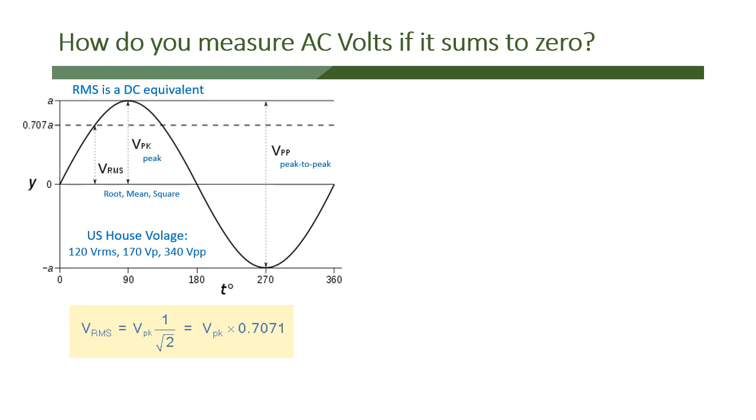And if you look at the full excursion from positive to negative, and you take the absolute value of the negative side. So if you remember, we take the absolute value of a negative number, it becomes positive. So the absolute value of minus 170 is a plus 170. So plus 170 is 340 volts peak to peak, and that is the span of US household voltage coming out of your receptacle.